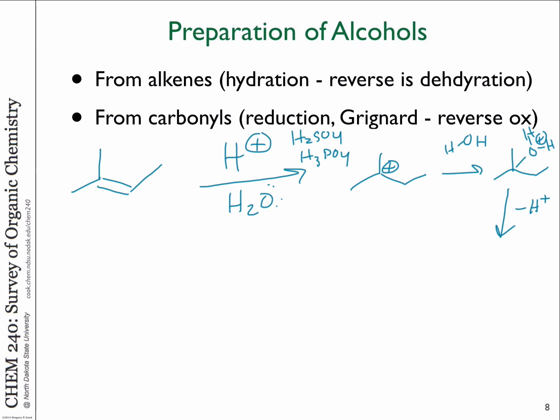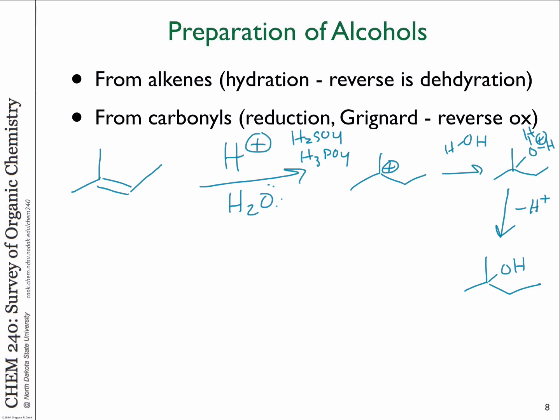It'll go back to reform. That minus means it's come off. It'll lose that hydrogen to form the alcohol. Okay? Now recognize that reaction that forms the alcohol could actually be done in reverse.